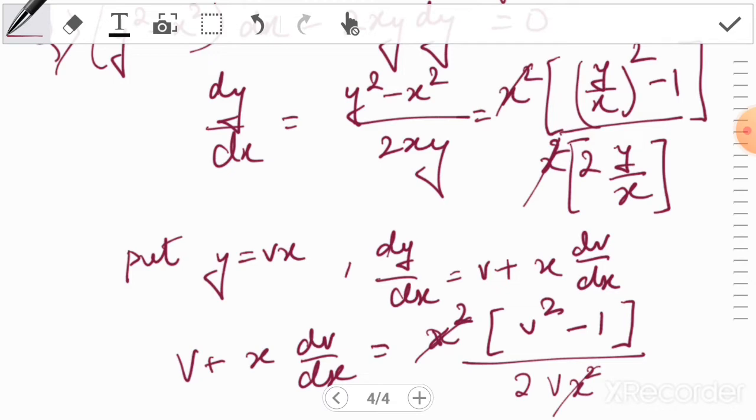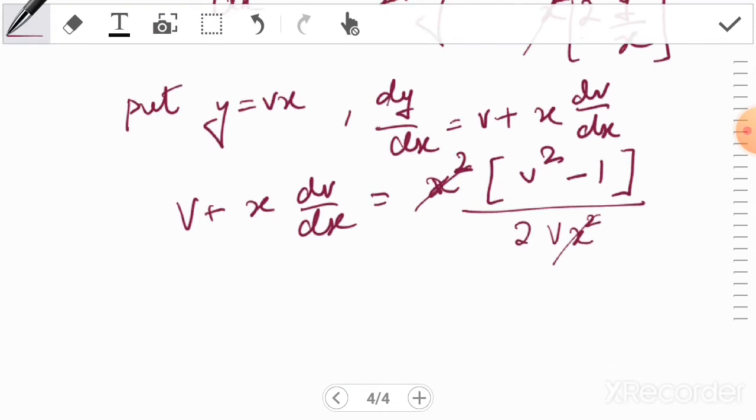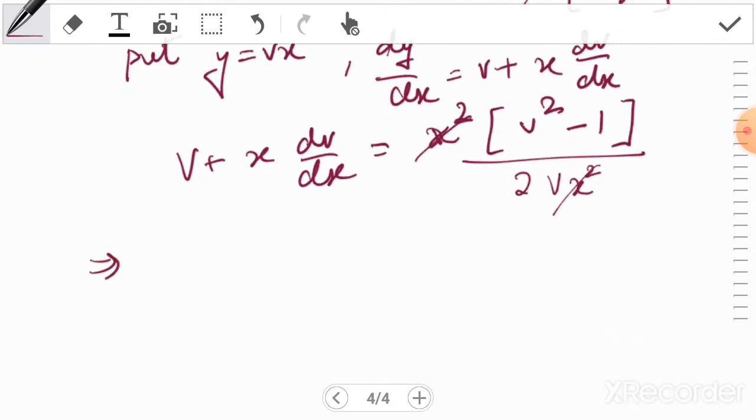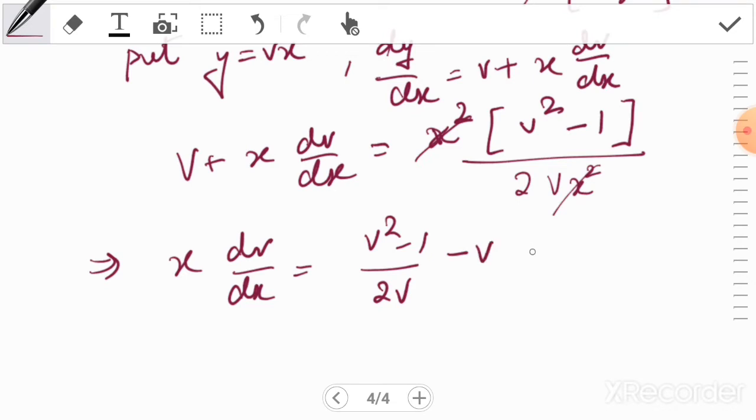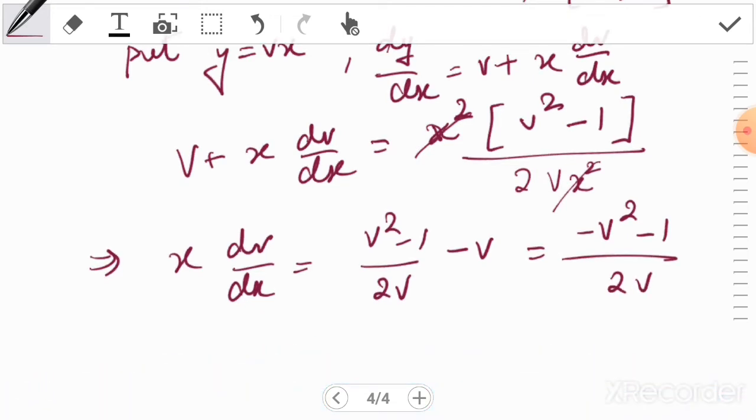Okay, now take this v to the right hand side. So x dv by dx is equal to (v square minus 1) by 2v minus v, that is minus of (1 plus v square) by 2v. Now we can separate the variables. So 2v by (1 plus v square) dv is equal to minus of dx by x.